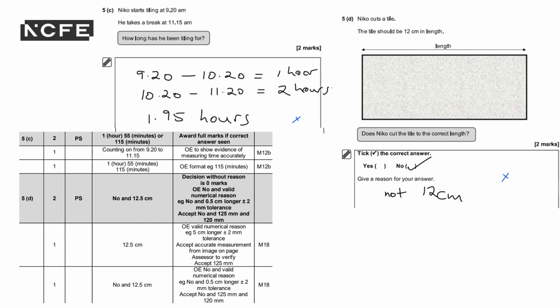So again, factually correct, but we need to see a numerical reason. So this is just the learner possibly even knows and would be able to tell you that it was 12.5 centimeters, but they haven't written that. We can only mark them on what we can see. So hopefully this is an easy mistake to clear up as part of assessment preparation for this particular learner.